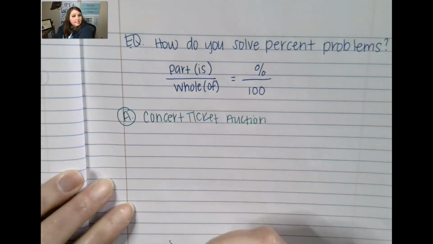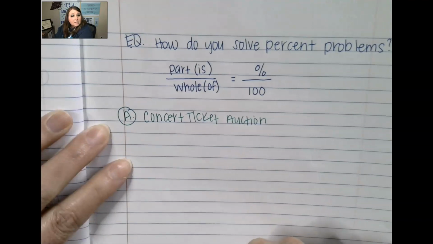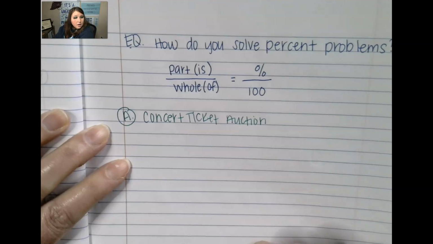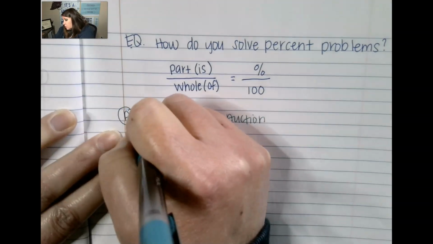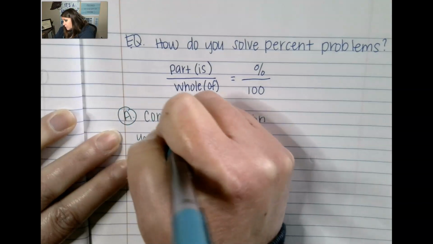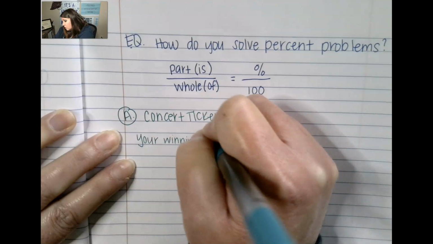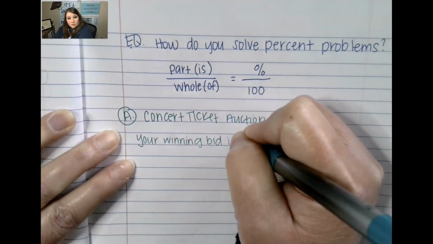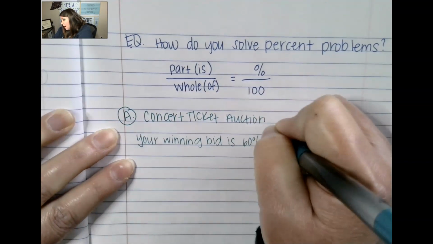And it says that your winning bid is 60% of your maximum bid, which was $120. So your winning bid is 60% of $120.